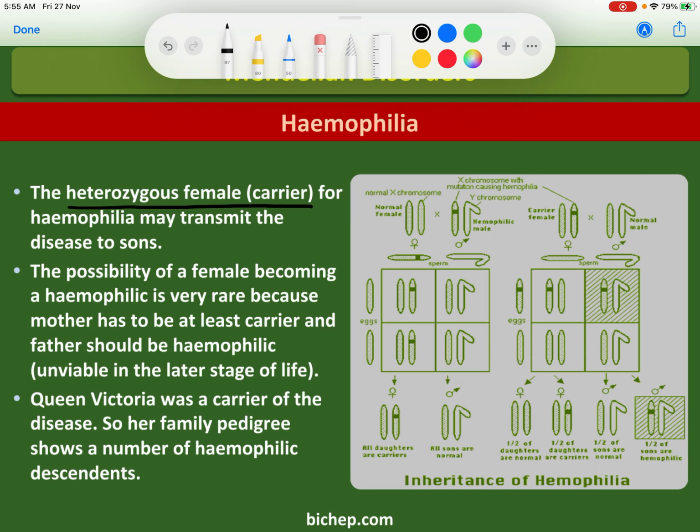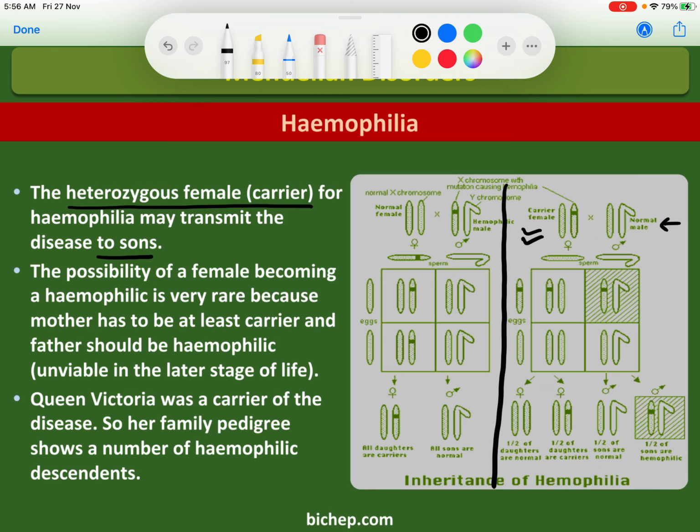You are supposed to remember that. So heterozygous females are carriers for hemophilia. They may transmit the disease to their sons. So in the case given in the diagram, the second case, a female carrier and a normal male.